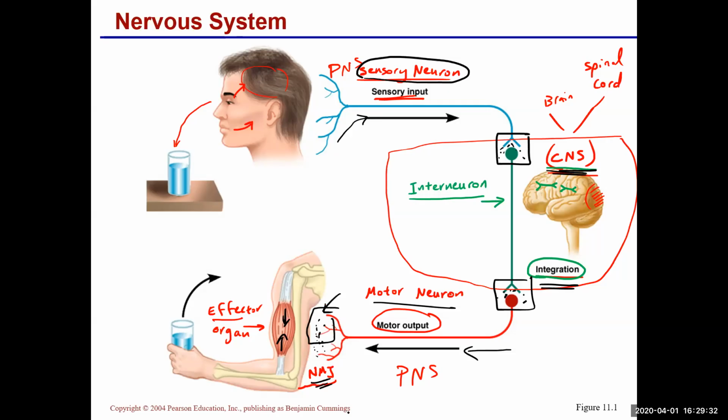So we're going to take a look at the second part a little bit later on, about how this communication takes place. So action potential needs to fire so we could send the signal to a proper destination. In this case, from sensory to the integration center, and from integration center to the motor neuron, and from the motor neuron to the effector organ.